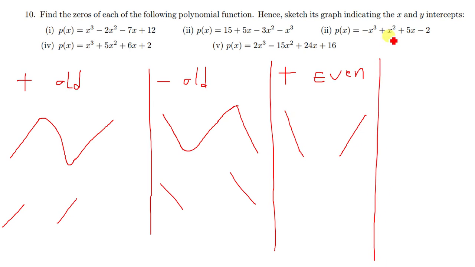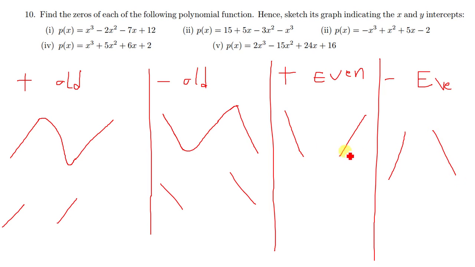And then the opposite is the case when you have a negative leading coefficient and an even power. You are going to have a graph which is going to start like that and then end like that.